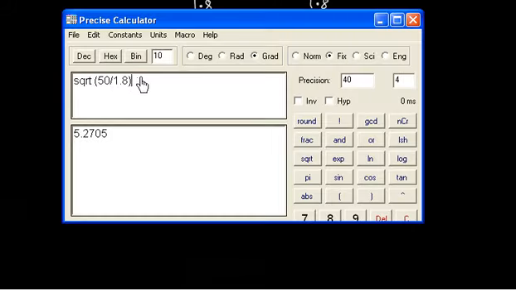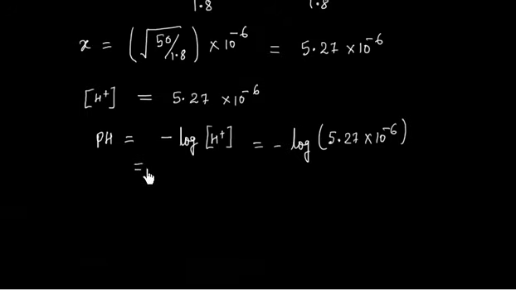So let us take the log of 5.27 into 10 raised to the power minus 6. This is 5.27. So the log is also 5.27, minus minus plus.